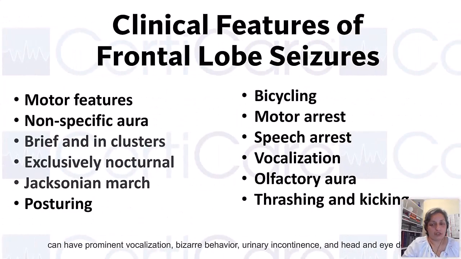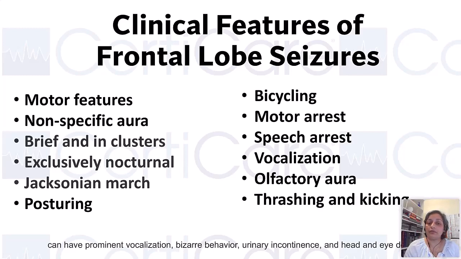The clinical features of the frontal lobe seizures are definitely motor, since we have the motor strip sitting right there. Almost all the seizures, with few exceptions, have motor features. The aura is non-specific. The patient cannot describe a very clear-cut aura, as compared to the temporal lobe seizures.